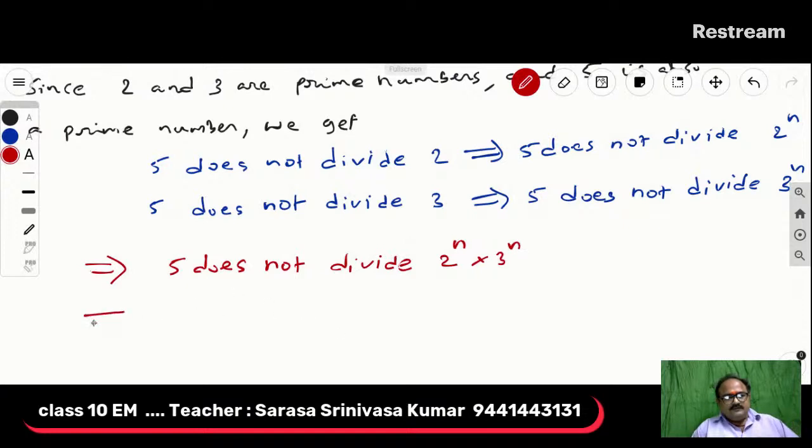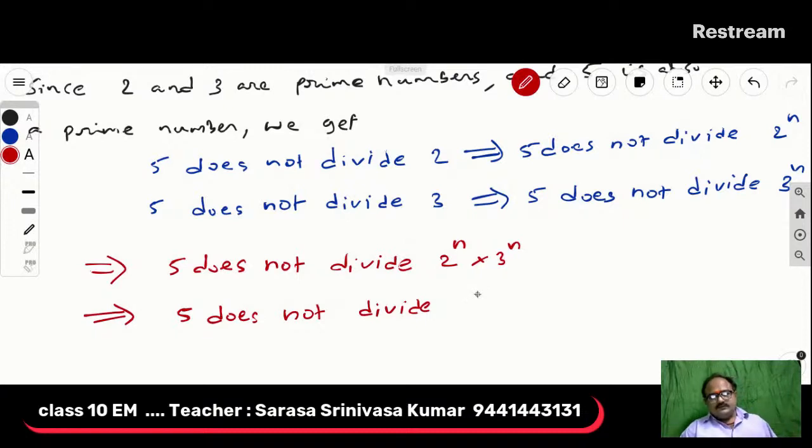So this implies that 5 does not divide 6 to the power of n.